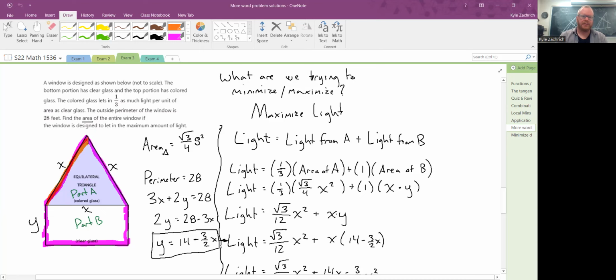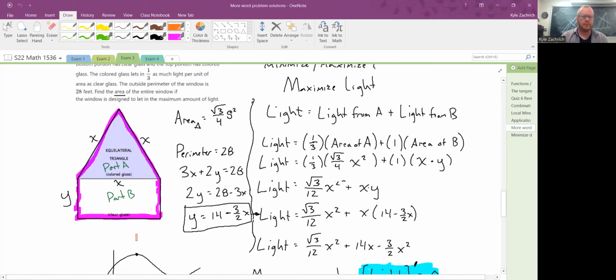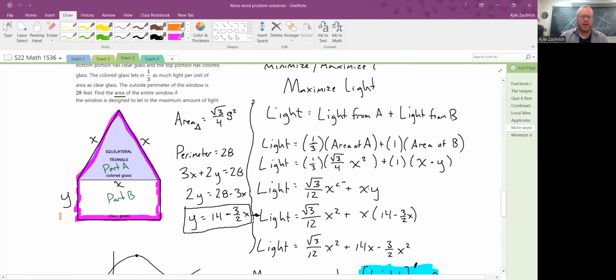So that means that this measurement all the way around that window has to be 28. So x plus y plus another x. So 3x plus 2y has to be equal to 28. I'm taking that and putting it into my light equation.